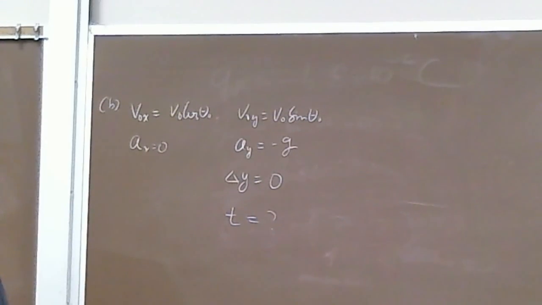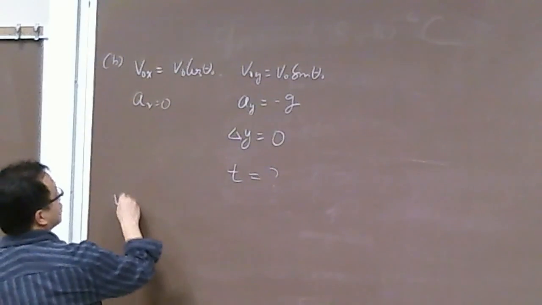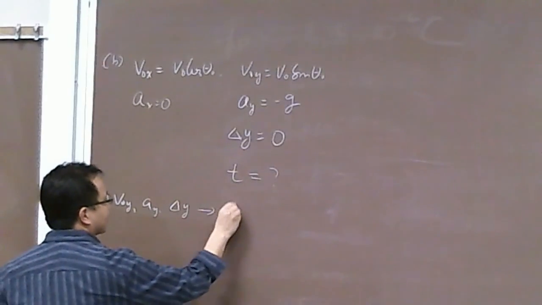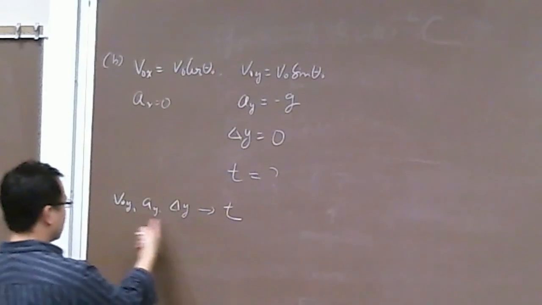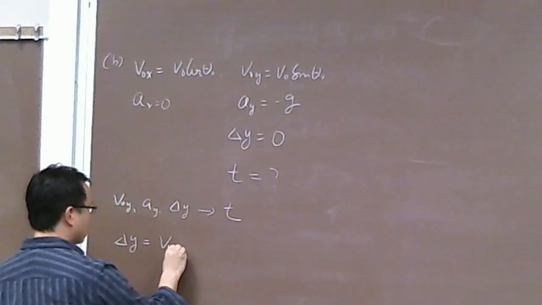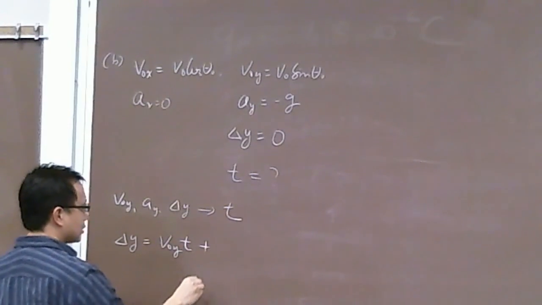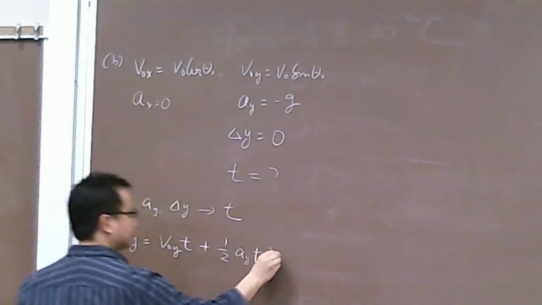In those three, you know V naught y, ay, and delta y. We try to calculate t. Right? So we can use delta y equals V naught y t plus 1 half ay t squared.